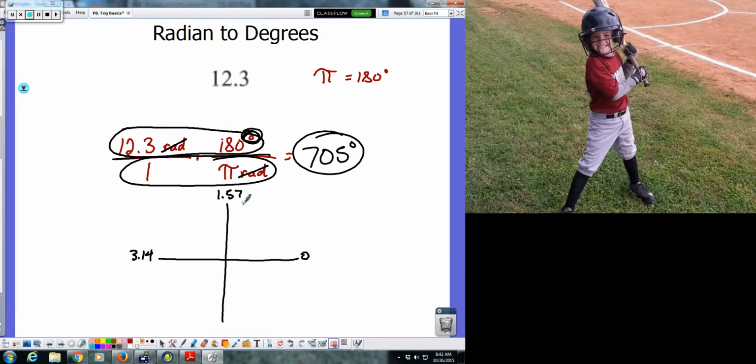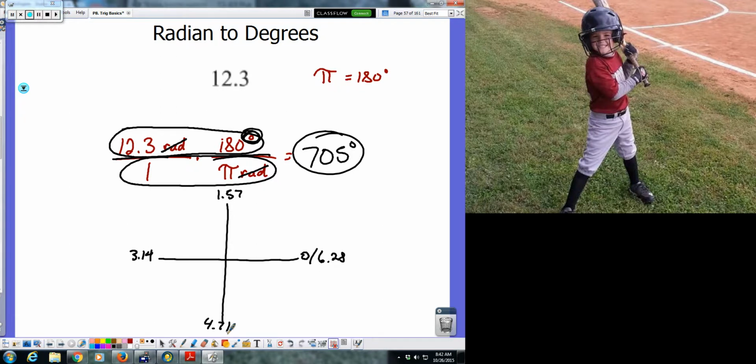I know that this would be 6.28 as you come around, because that'd be 2 pi's. This would be 4.71, I think. That's in radians. So 0 radians, 1.57, which is half of 3.14, 3.14 radians, 4.71 radians, 6.28 radians.